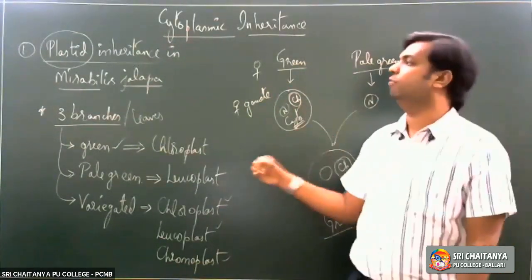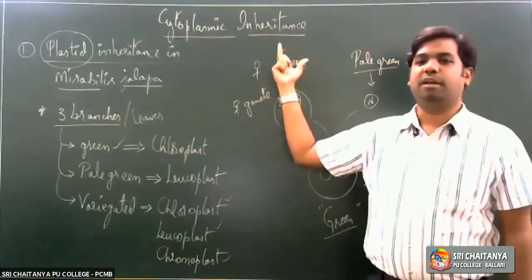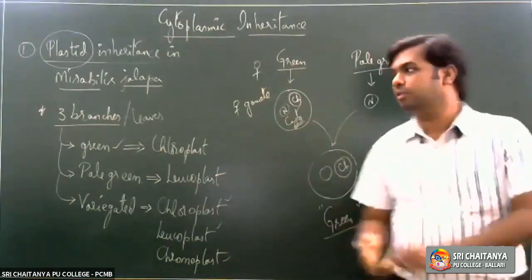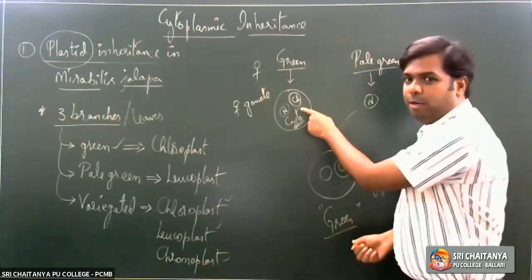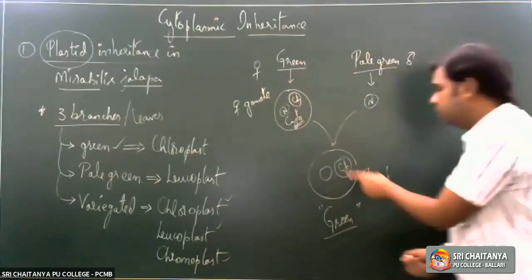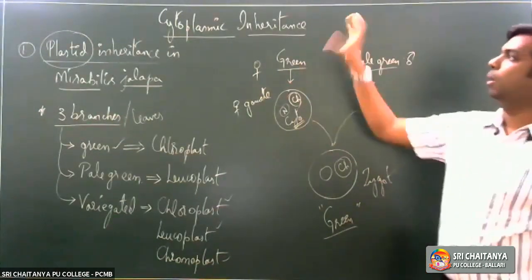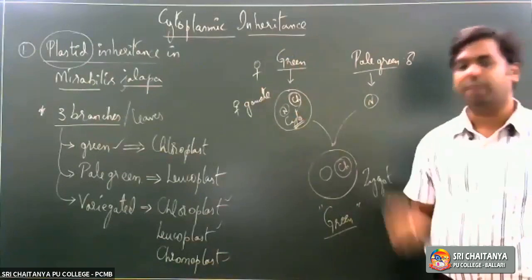We call this cytoplasmic inheritance, or as I've already said, maternal inheritance, because it is the female gamete that contributes the plastid into the offspring. So this is in simple terms plastid inheritance in the case of Mirabilis jalapa.